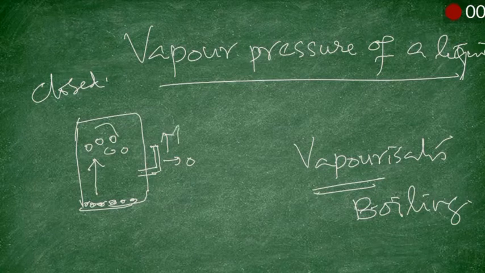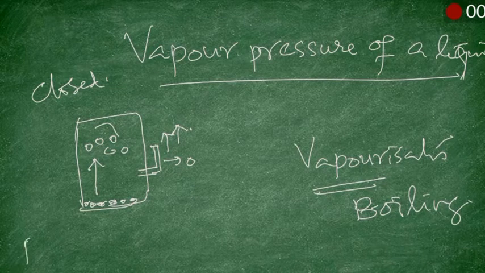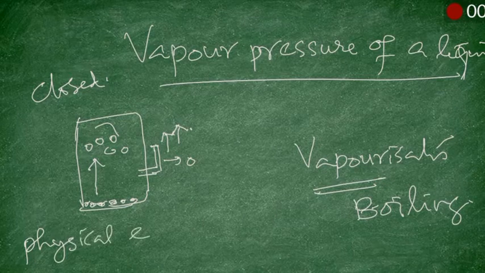And there is a point related to physical equilibria. What is that point? When a sufficient amount of vaporization happens, the process happens in the reverse direction also.